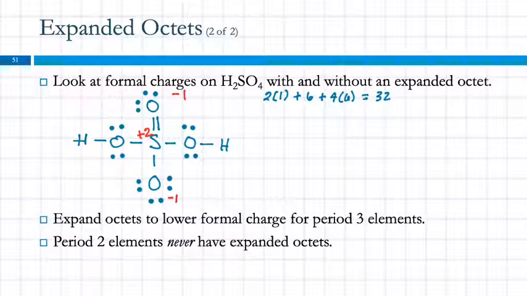It could expand its octet, but we won't really see it forming covalent compounds. But yeah, you gotta be bigger than neon. So period 3, you have to have d orbitals, is what it comes down to. And if you have electrons in the 3rd shell, in the 3rd level, you've got d orbitals.